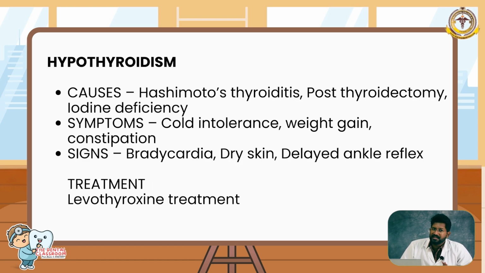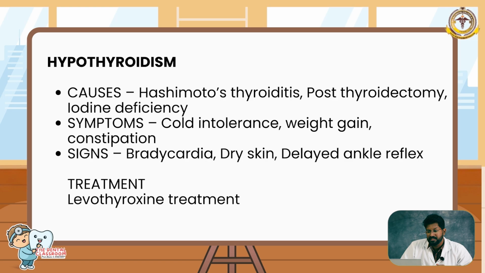Having discussed hyperthyroidism, now let's think about hypothyroidism. Hypothyroidism means the thyroid hormone is less, but there is an increased amount of TSH. It can be seen in Hashimoto thyroiditis, post-thyroidectomy state, or iodine deficiency in certain hilly or endemic regions where iodine is deficient in the diet, which can develop autoimmune and endemic thyroid diseases.